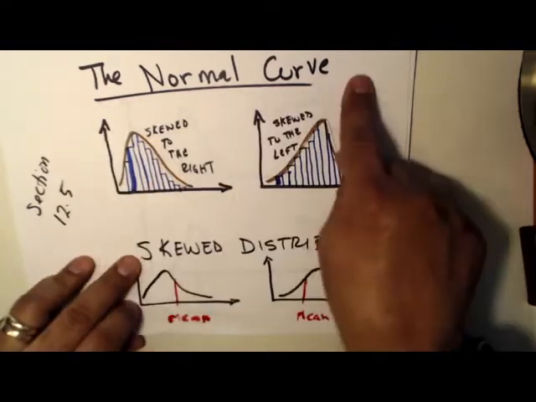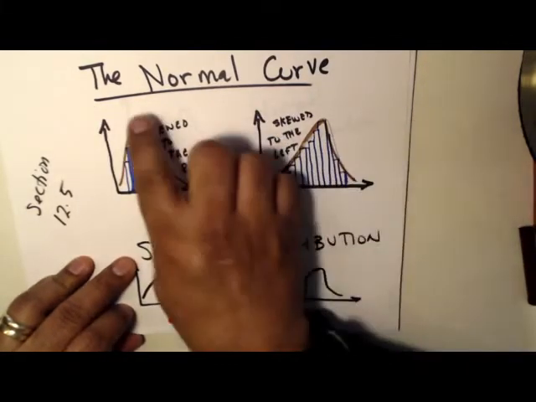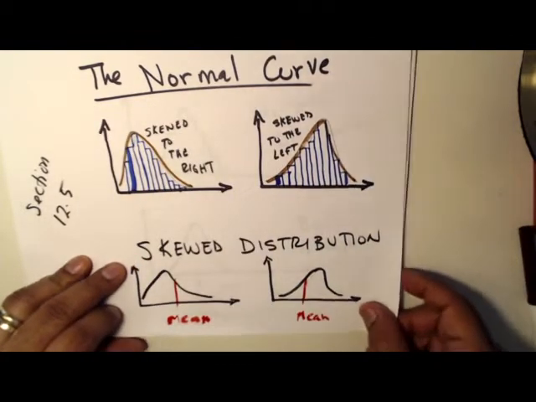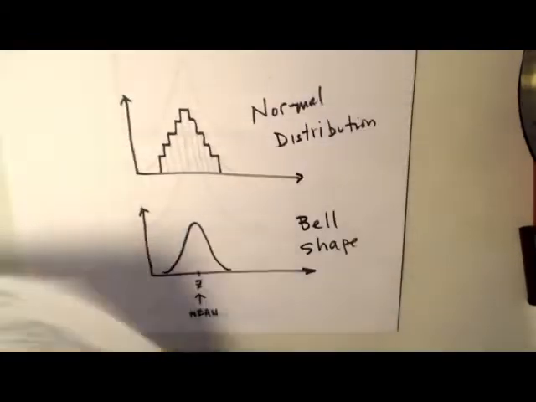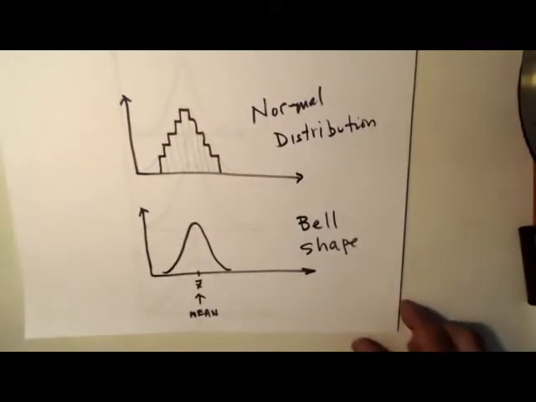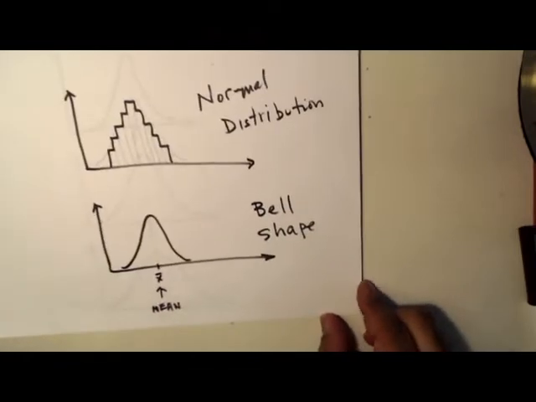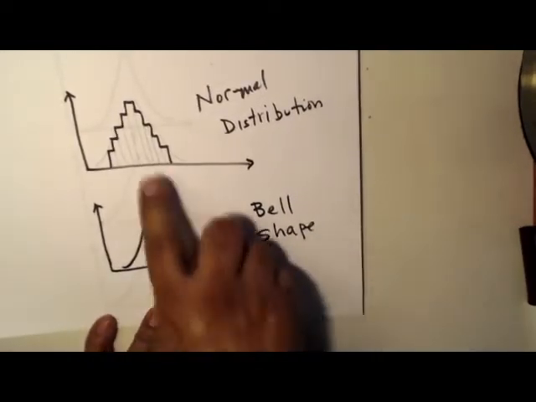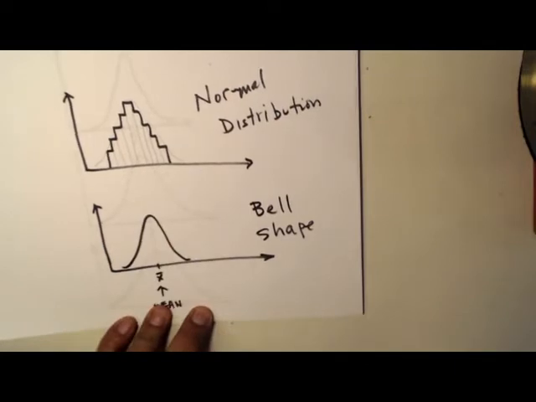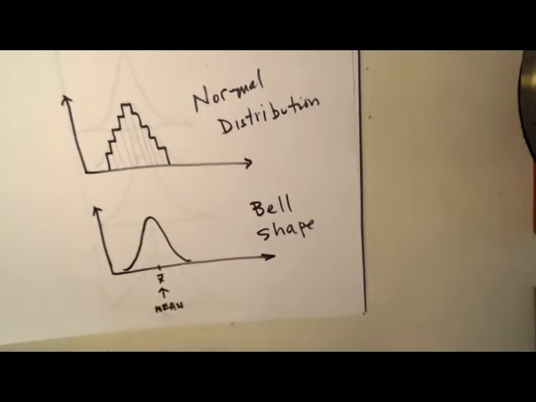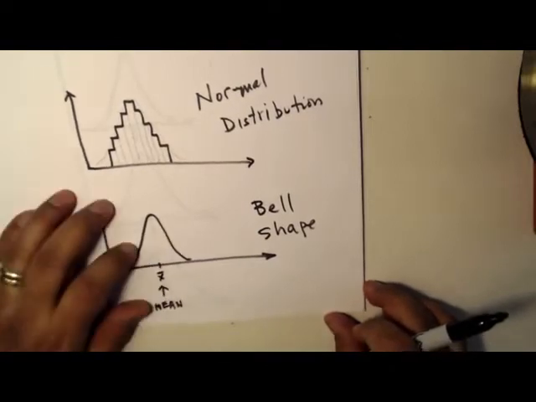But the theme that we're going to be covering in general is called the normal curve. In a normal distribution, basically you get something like this, a symmetrical shape. This is very important that we recognize from the very beginning.